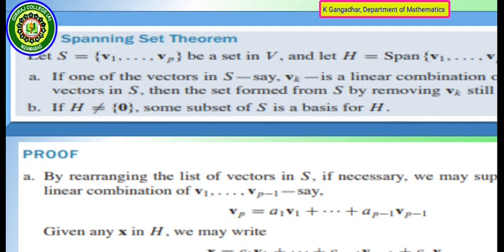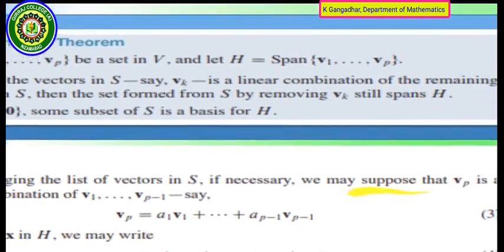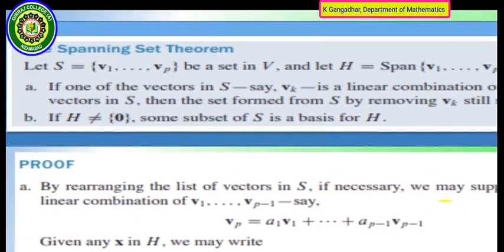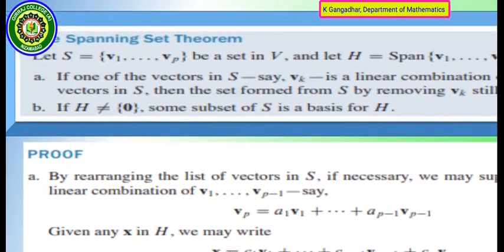First condition: if one of the vectors in S, say Vk, is a linear combination of the remaining vectors, then the set formed from S by removing Vk still spans H. Second condition: if H is not equal to the zero space {0}, then some subset of S is a basis for H.